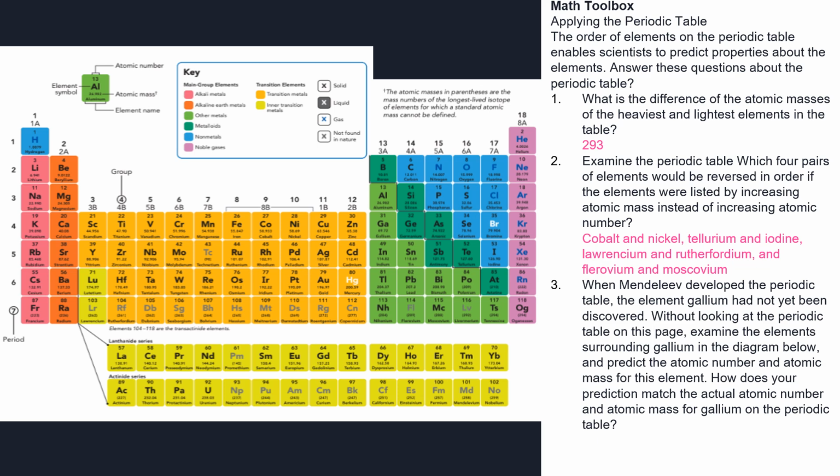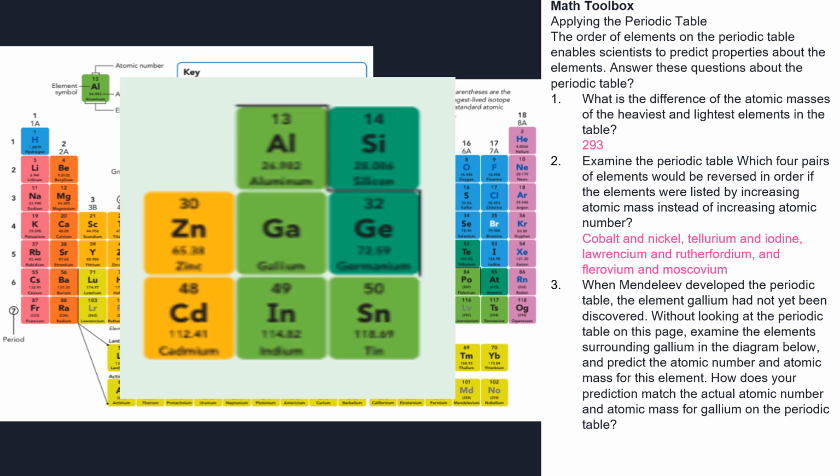When Mendeleev developed the periodic table, the element gallium had not yet been discovered. Without looking at the periodic table on this page, examine the elements surrounding gallium in the diagram below and predict the atomic number and atomic mass for this element. How does your prediction match the actual atomic number and atomic mass for gallium on the periodic table?